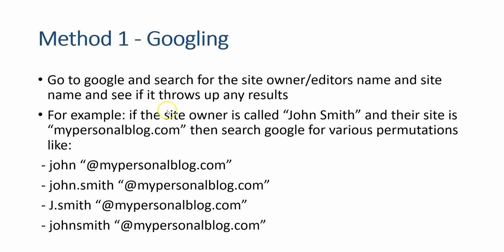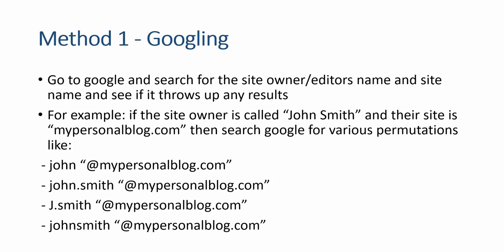For example, if the site owner is called John Smith, and the site is mypersonalblog.com, you would search Google for these permutations and see if there are any pages showing this. They might have shared their email address somewhere else, in a comment on somebody's site or something. You'd be surprised sometimes when it turns up, and there's a good possibility if it shows up on another site that it is a live email address.